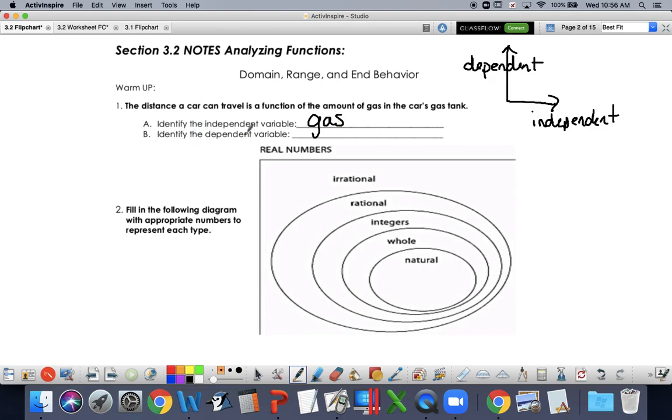The dependent variable is your distance because how far you're able to drive depends on how much gas you have in your car. So that's often something that I tell students to do: write the scenario with the word depends. That tells you that since distance depends on gas, gas is my independent variable and distance is my dependent variable.